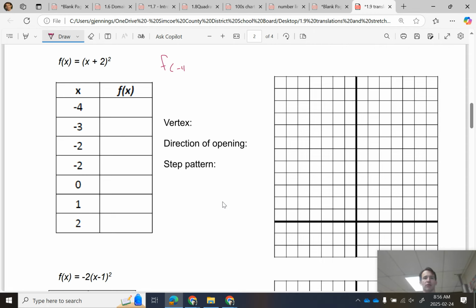So here, f of minus 4 equals minus 4 plus 2, put it in brackets, squared. Let's try minus 3.